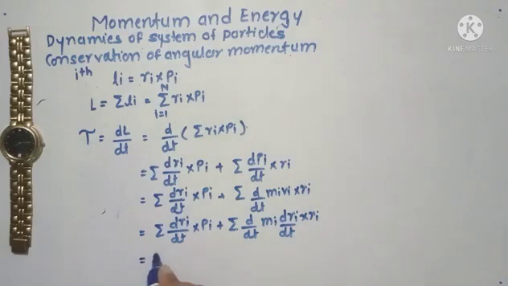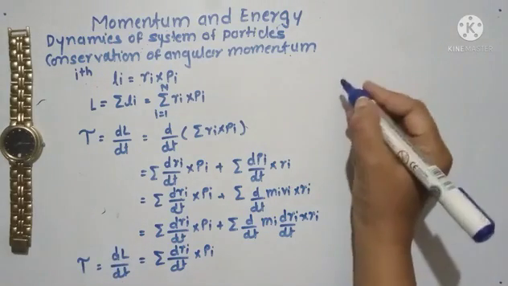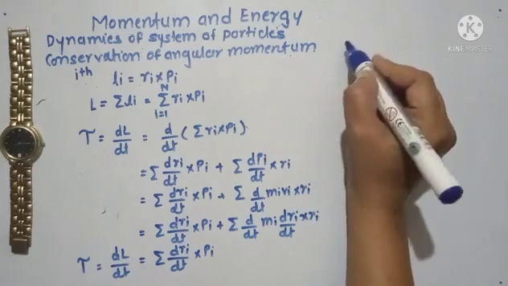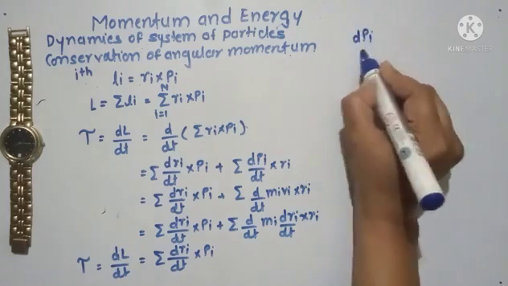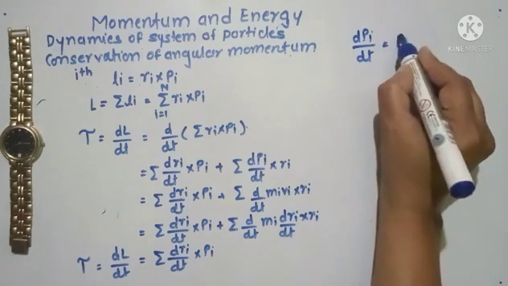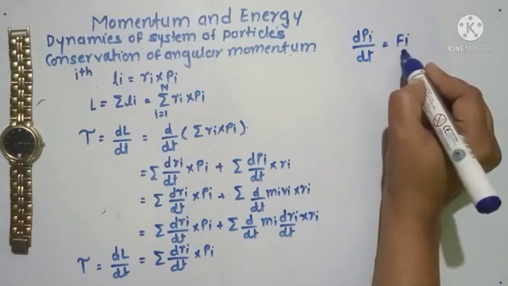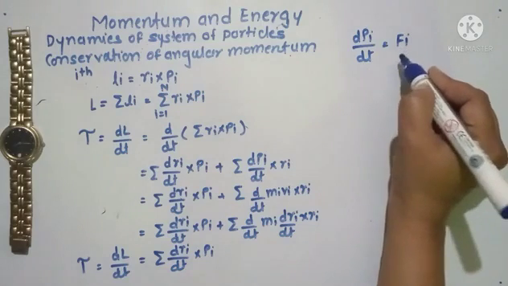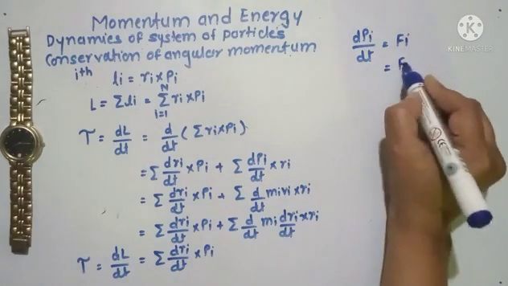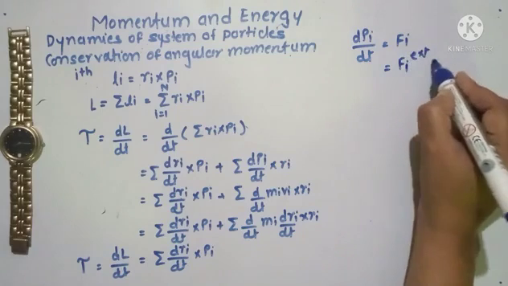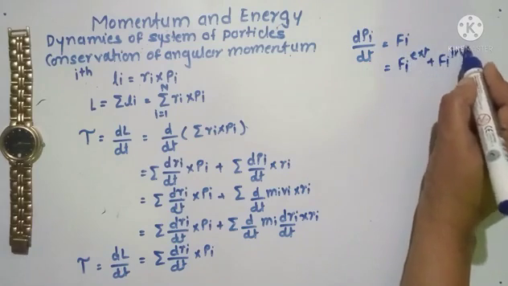Therefore tau is equal to summation of dri upon dt cross this Pi. This is nothing but dL upon dt. So according to Newton's second law of motion, we know that this dPi upon dt is nothing but Fi, where F is the total force acting on the ith particle, and which is given by Fi external plus Fi internal.